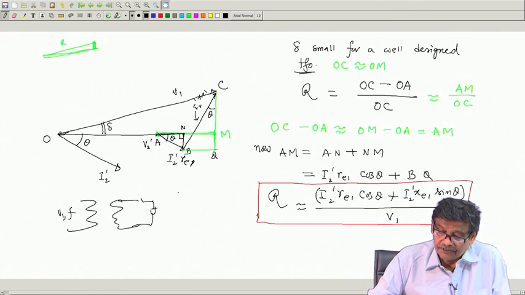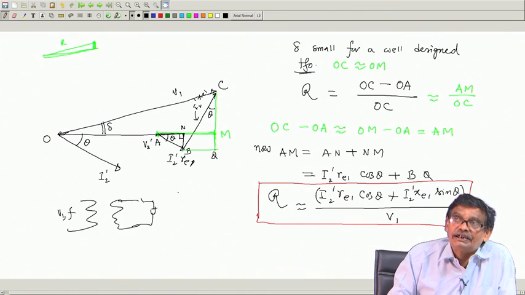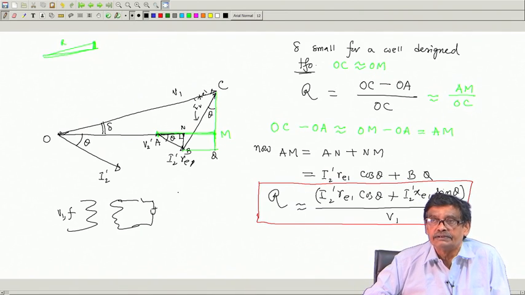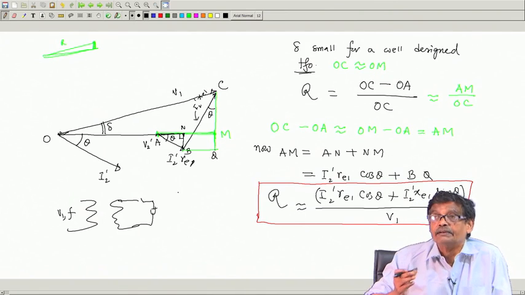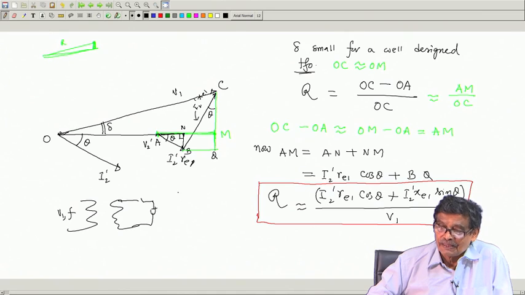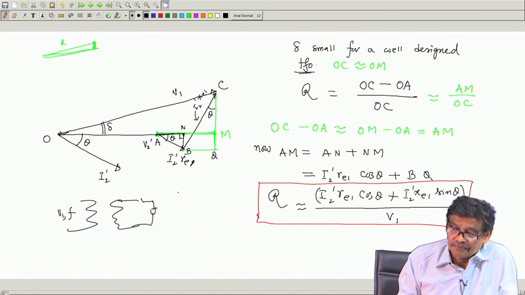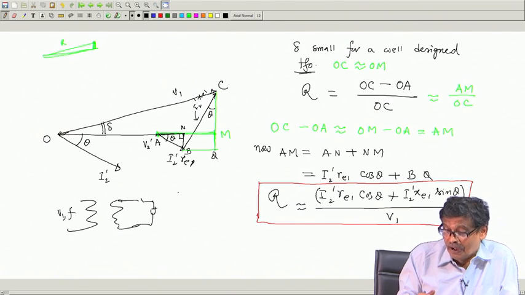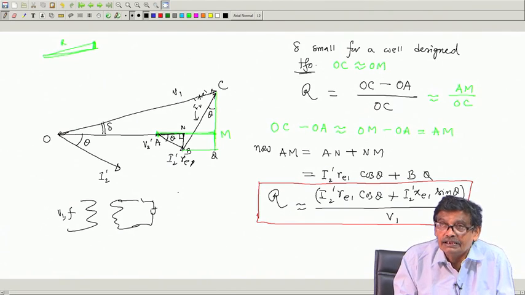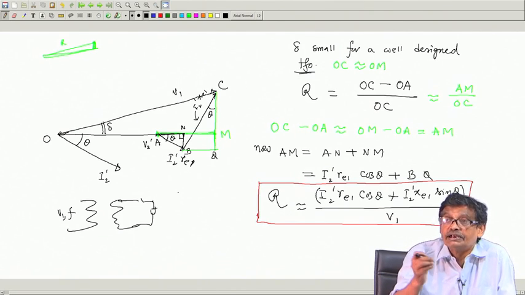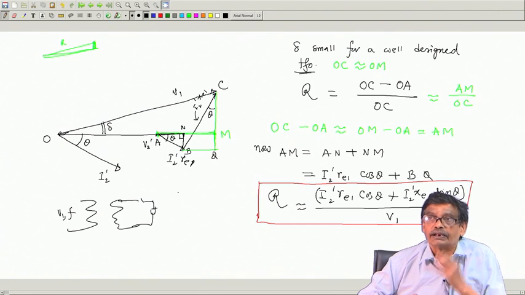This is because of the fact the rating of the transformer may be very large, maybe a 100 kVA transformer whose current rating is maybe 100 amperes. So, 100 kVA load you will be requiring in the lab to find out the regulation at full load at say 0.8 power factor.